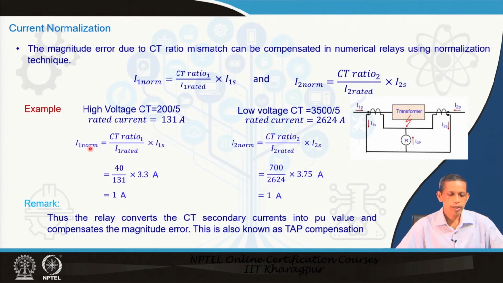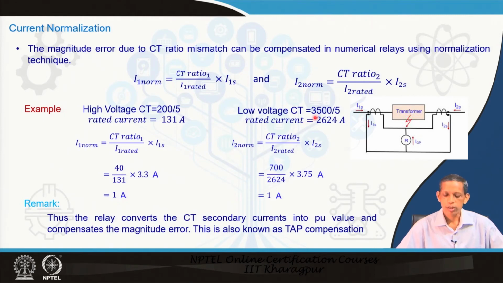So, the normalized current is I1s, which we have seen is 3.3 ampere, the CT ratio 200 is to 5 is 40, and the rated current is 131 ampere. You remember this 3.3 ampere we found from the rated current perspective. So, this gives 1 ampere normalized current.